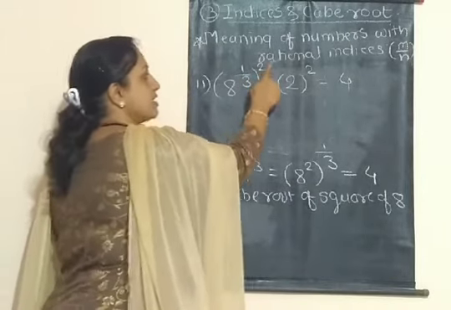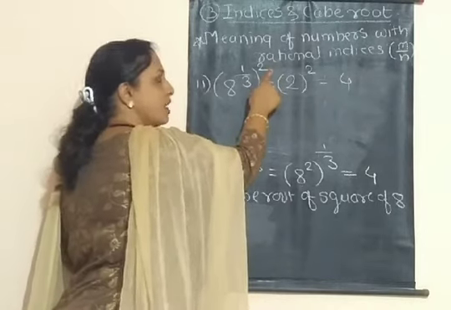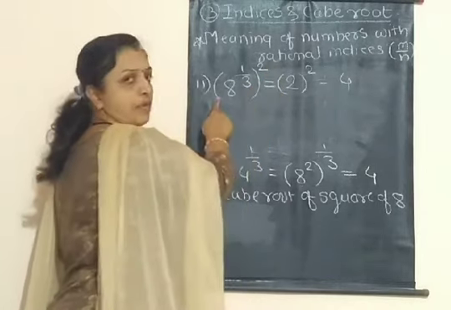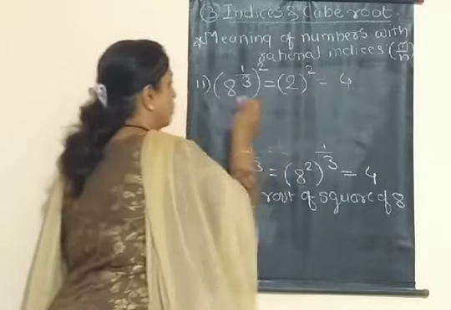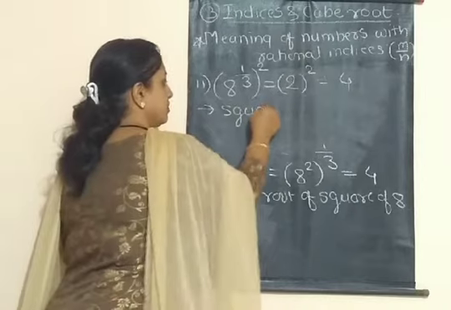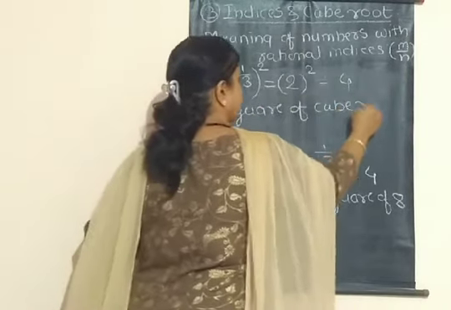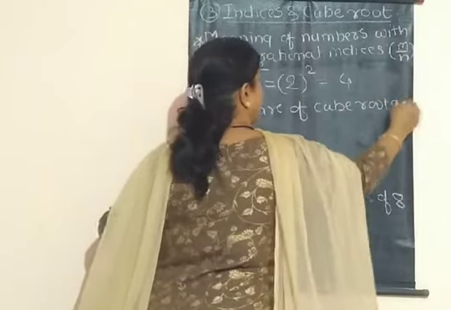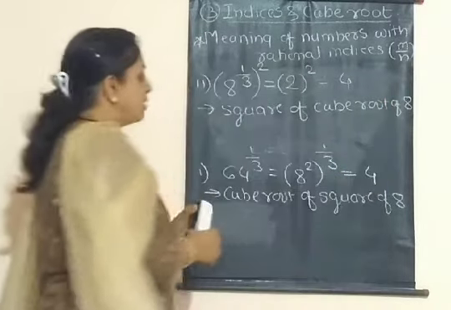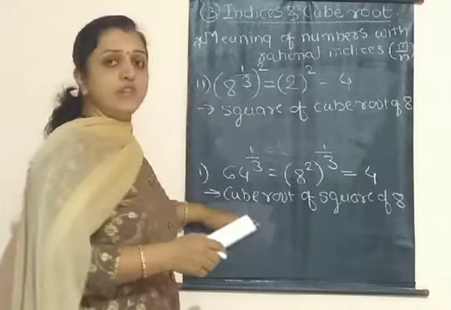It is the square of, first we have to take this number, so it is the square of the cube root of 8, that is equal to 4. So we write: square of cube root of 8.